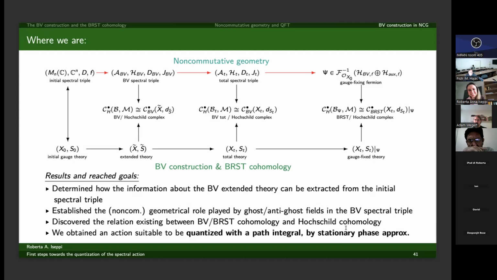Now, what is the total spectral triple or total theory? This I missed. How do you obtain that? So I was telling you that there was a bit of a technical step that you still have to add some auxiliary fields that are only needed to be able to find this Lagrangian submanifold in some kind of canonical way. These auxiliary fields were added in a way that was not interfering at all with the cohomology, so they were added as contractible pairs in cohomology. So it's just a technical step that is needed for finding this Lagrangian submanifold.